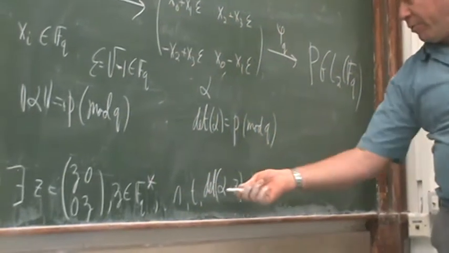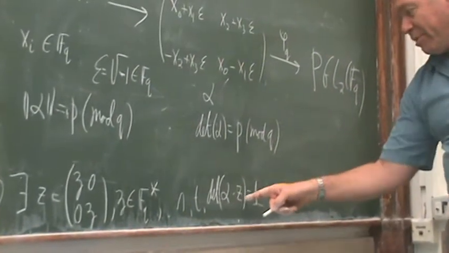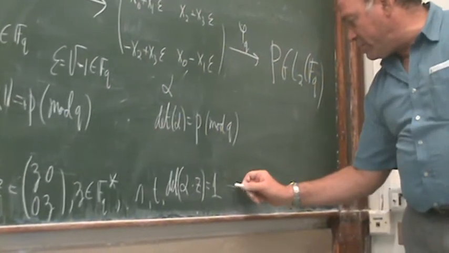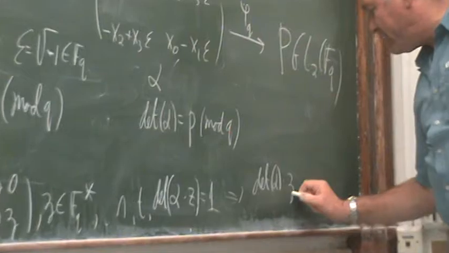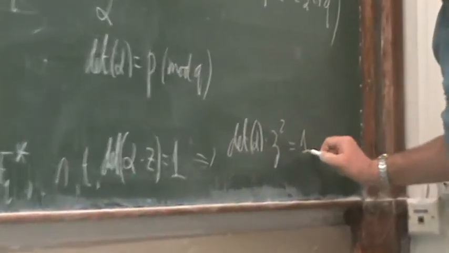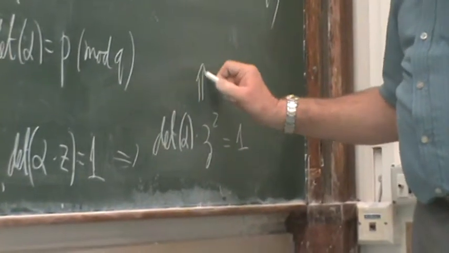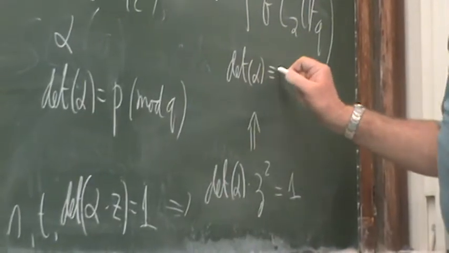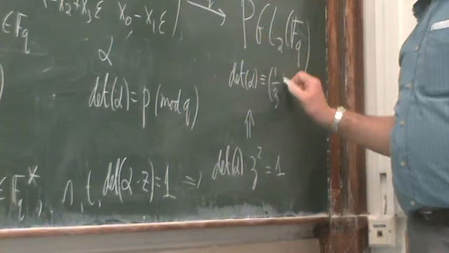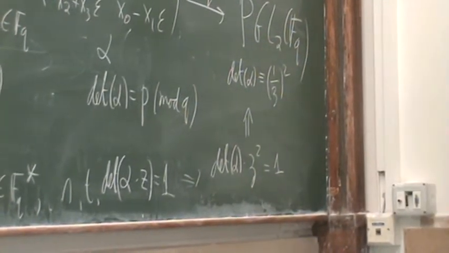Okay, so let's see, can we solve this? Determinant equal to 1? So this means that the determinant of alpha times z squared equals 1. This means that the determinant of alpha is equal to 1 over z squared. Can we solve it?